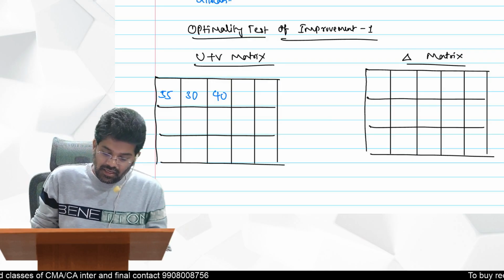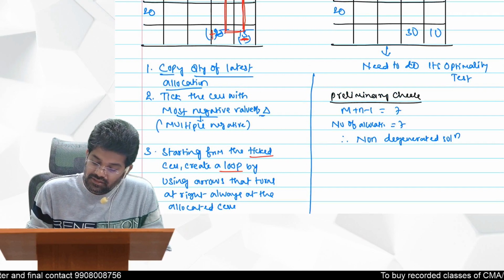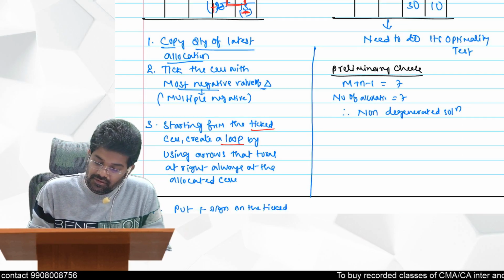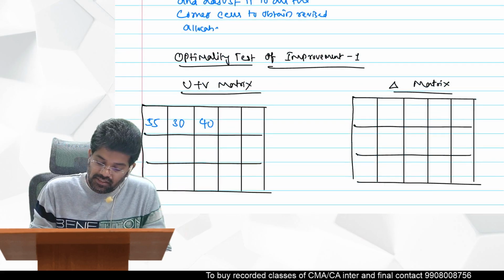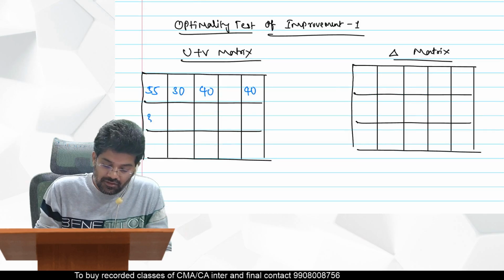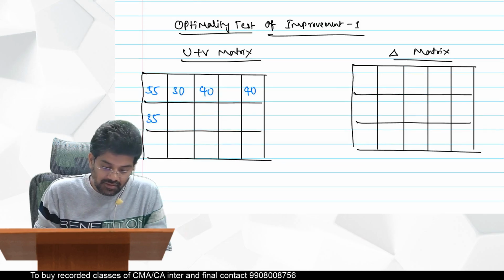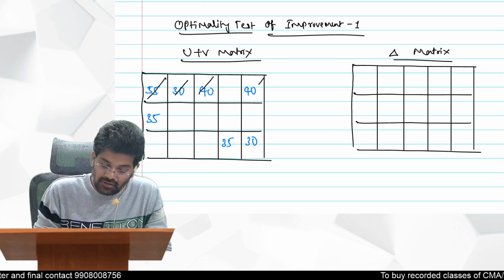So I am taking the U plus V matrix now of improvement 1. Now there is a shift from this cell to this cell. The cost of that is 40. Here also there is an allocation, cost of that is 35. Next 35, 30. Cut these cells so that you will not get confused.